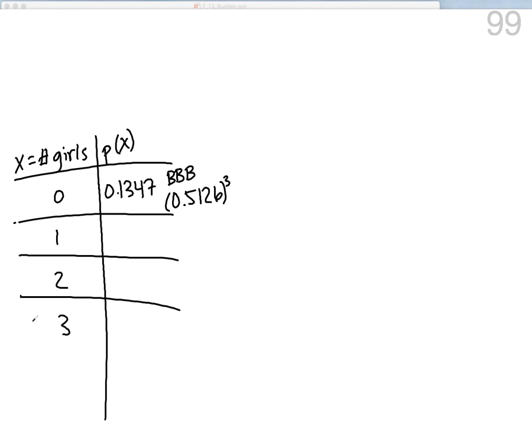Take 2 minutes, fill out the rest of the table. Remember that your table has to add to 1. So at the end, if yours doesn't, that's a red flag.